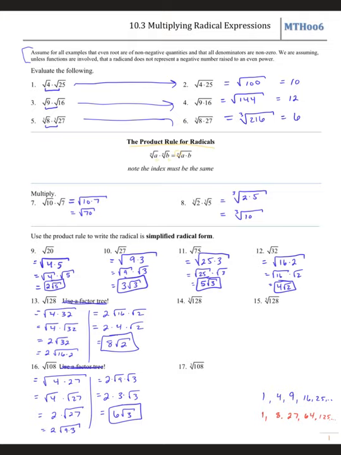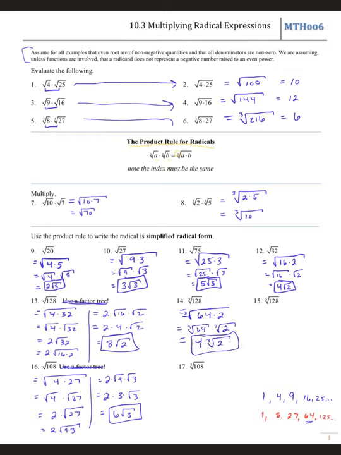So we can rewrite this as the cube root of 64 times 2 gives us 128. So that's going to be the cube root of 64 times the cube root of 2. And what's the cube root of 64? That's going to be 4 times the cube root of 2.